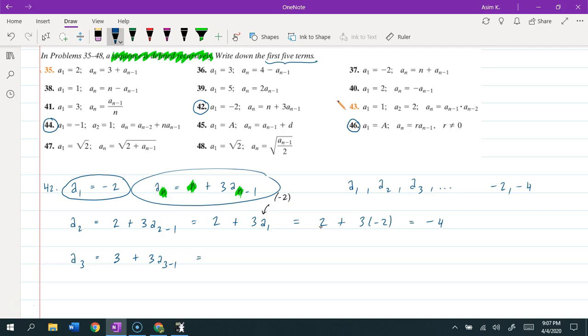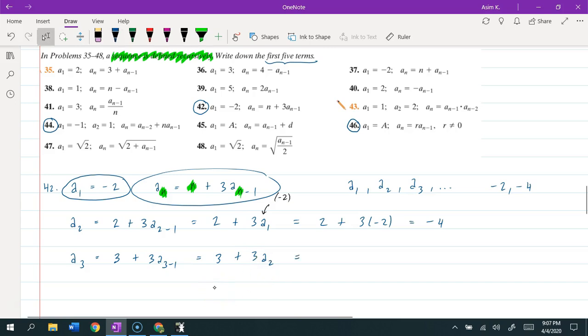And so that becomes, sorry, I apologize, not 2. It becomes 3 plus 3 times a sub 2. And why? It's because 3 minus 1 gives you 2, so that becomes a sub 2.